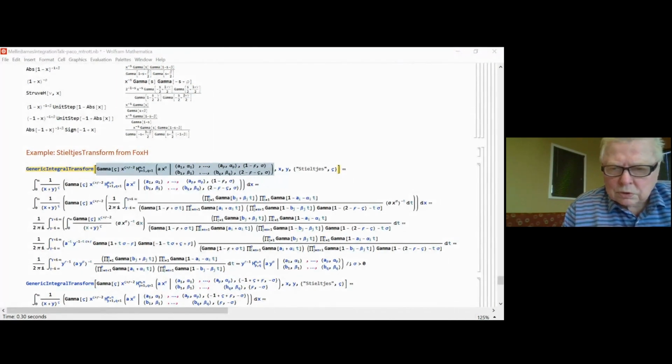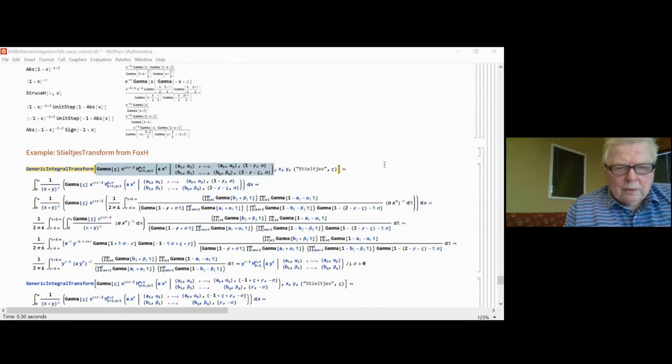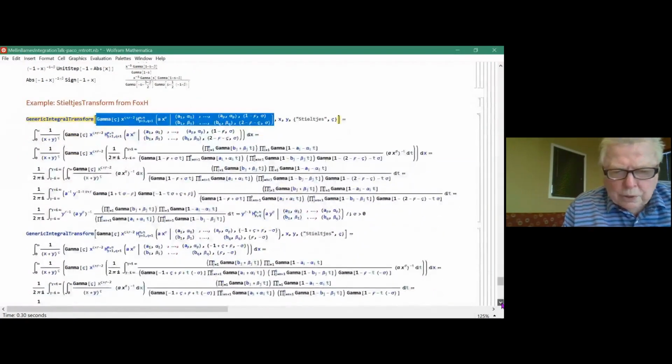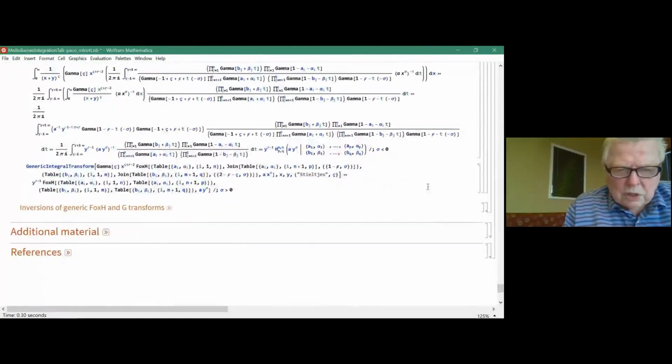So it is a way how we can derive formulas for inverse Laplace, Stieltjes, inverse G transform, inverse FoxH transform, and so on. And I made such evaluations and presented these formulas.